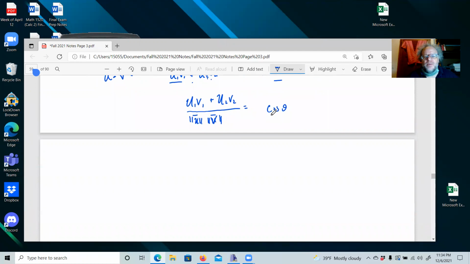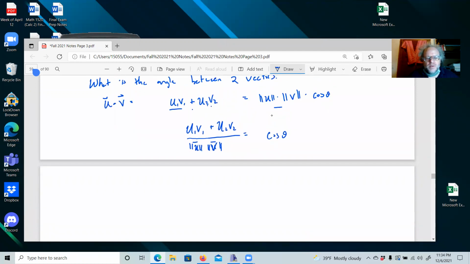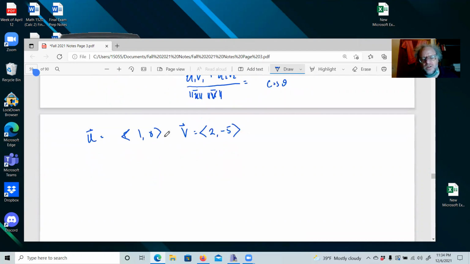Let's look at an example. How about we look at the vector u will be 1, 8, and v will be 2, -5. What's this going to look like?